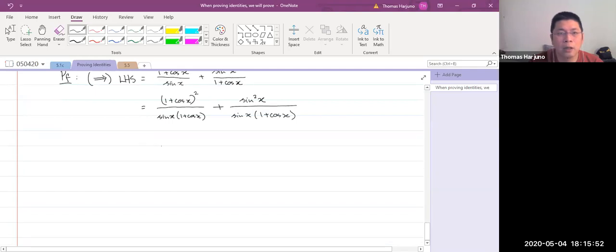Then let me put them together first. So I get sine x times 1 plus cosine x. That will be, let me FOIL this at the same time then.